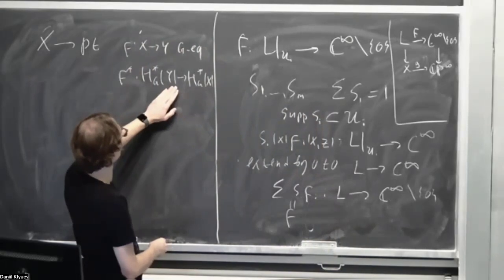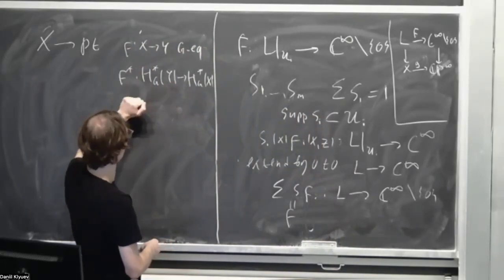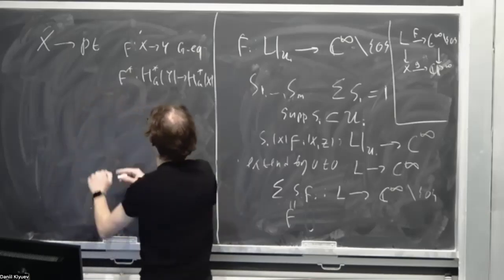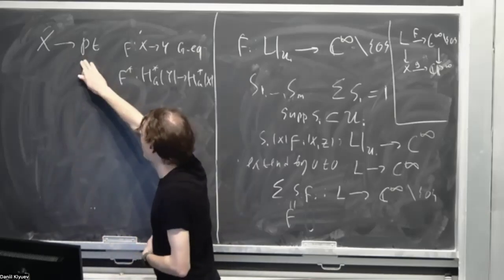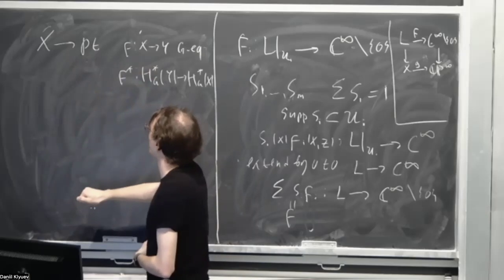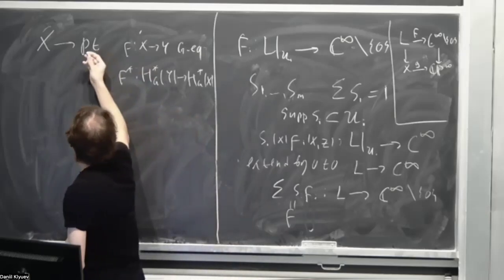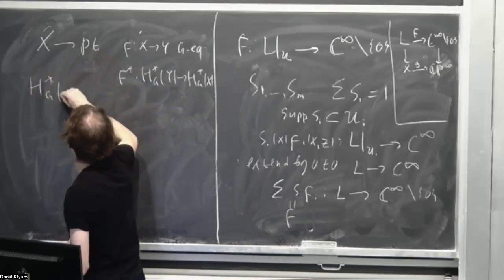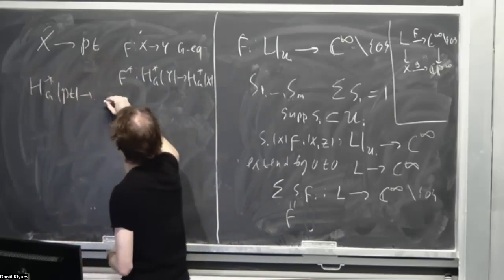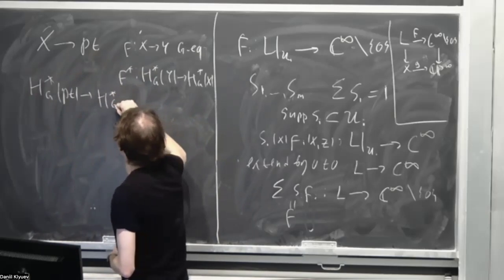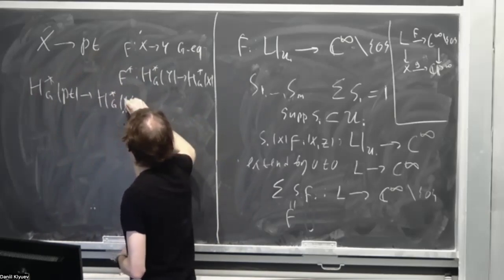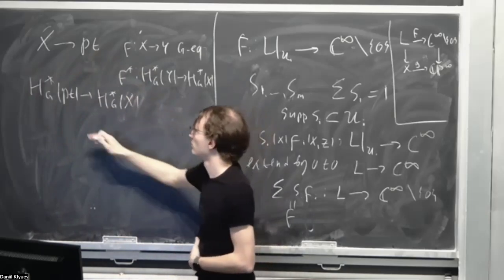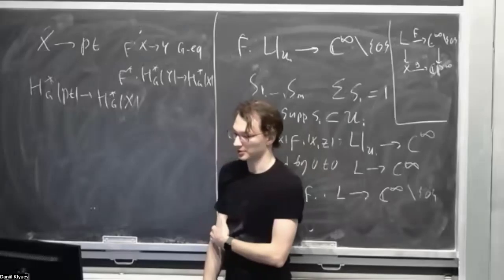So you have this pullback for equivariant maps. Sending everything to a point is one example of an equivariant map, and in this case you have a map from this ring to the equivariant homology of X, making it an algebra over this ring.